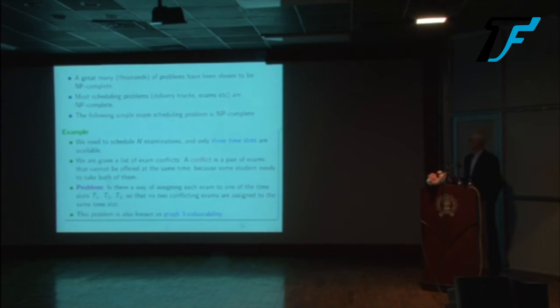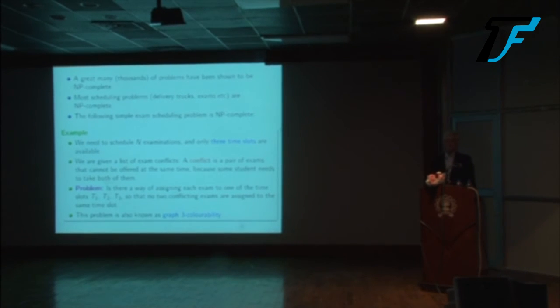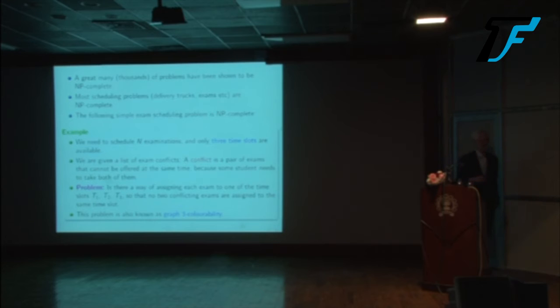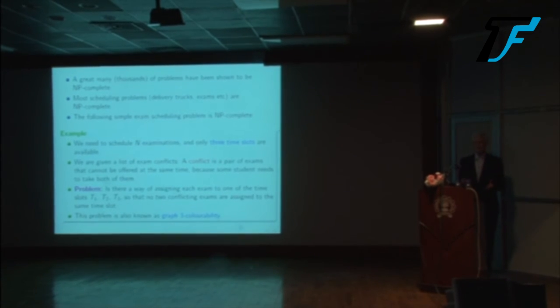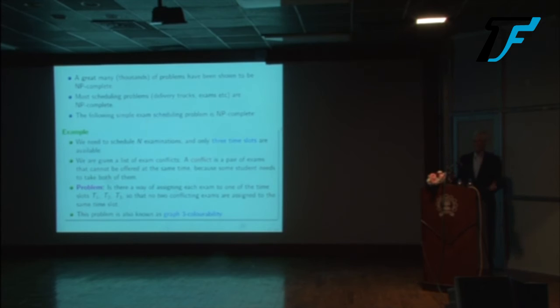So we have constraints because students take more than 1 exam, and obviously can't schedule their several exams at the same time for a given student. So for a conflict between 2 exams, you think of it as a graph: the nodes of the graph are the exams, and the conflicts are edges between a pair of exams.